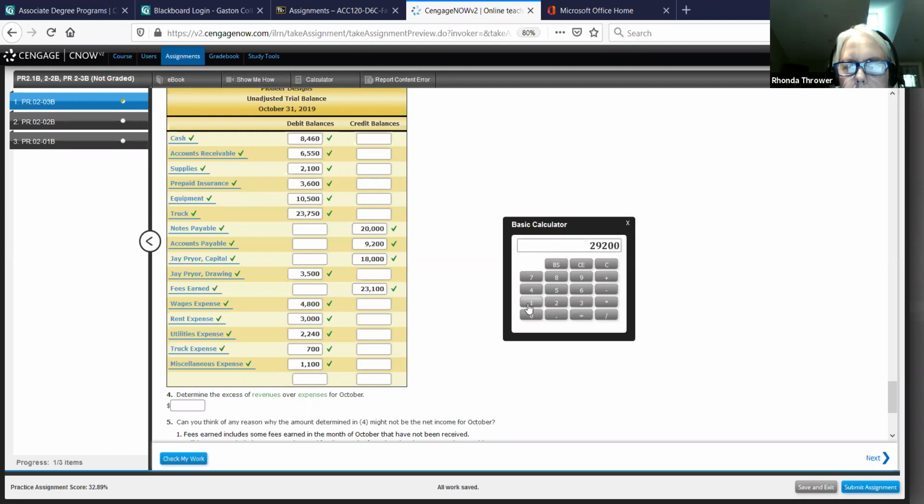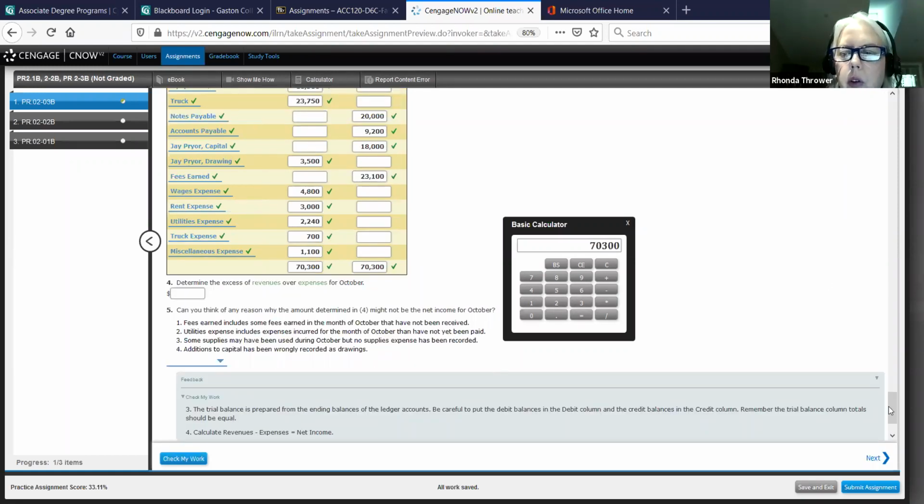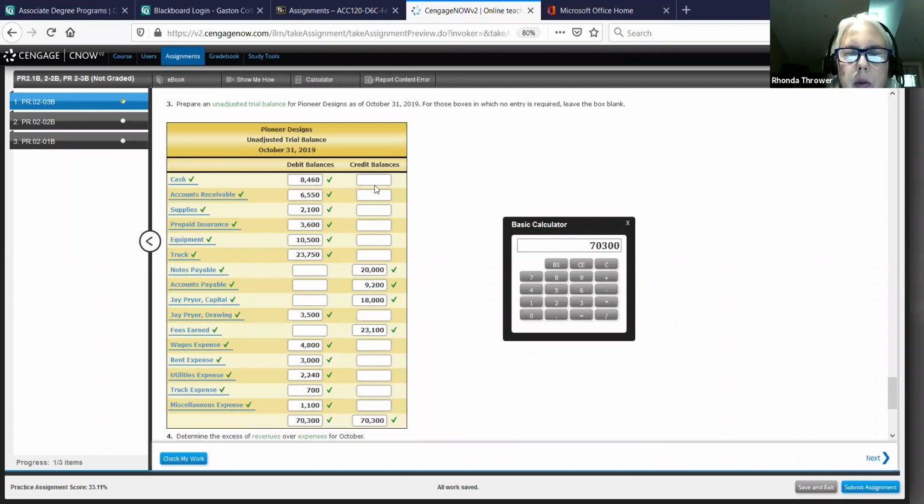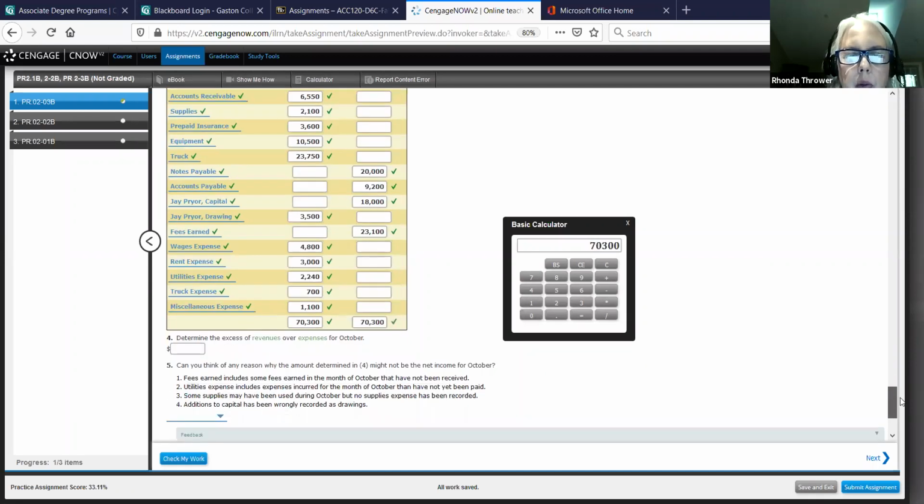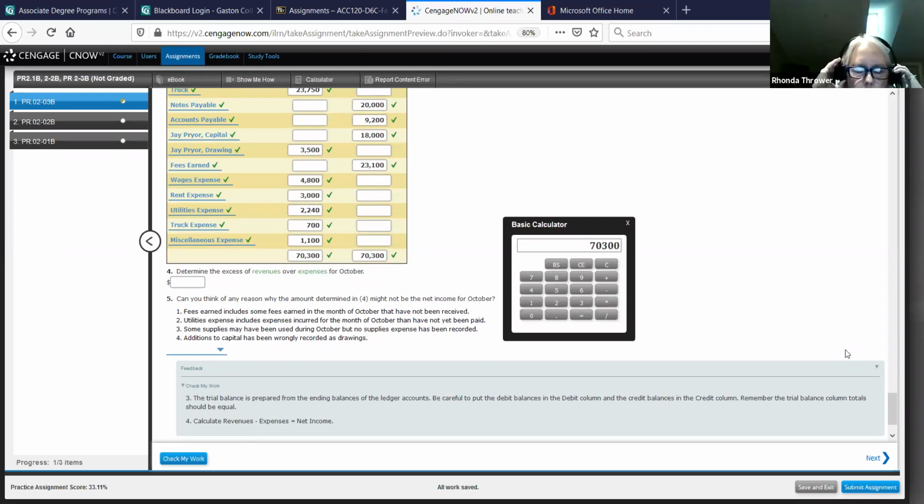These two plus 18,000 plus 23,000 equals 70,300. And since I know that all of these are written down right, this has to be 70,300 too if I've added my credits correctly. And I did. So my trial balance balances, and for all we know, we've written down everything as we have it. It doesn't mean that we're exactly right because we could have left out a transaction.